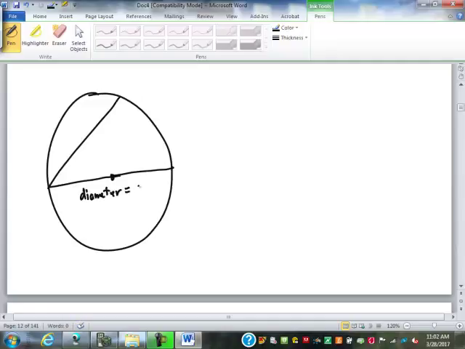And if I tell you that that diameter equals 10 inches, and that this angle here equals 30 degrees, we will at some point be able to use that information to find the area of this whole thing.